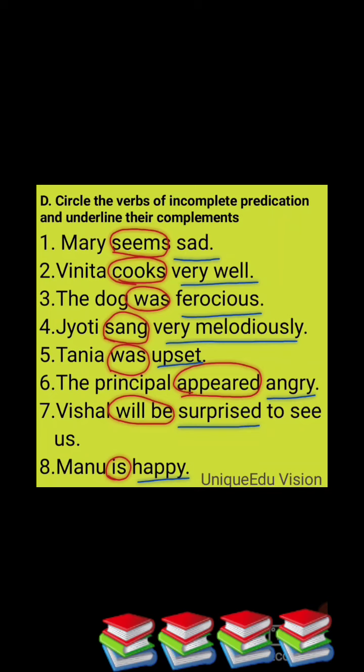The principal appeared angry. Appeared is an incomplete predication. Angry is the complement. Vishal will be surprised to see us. Will be is your incomplete predication and surprised is your complement. Manu is happy. Is is your incomplete predication and happy is your complement.